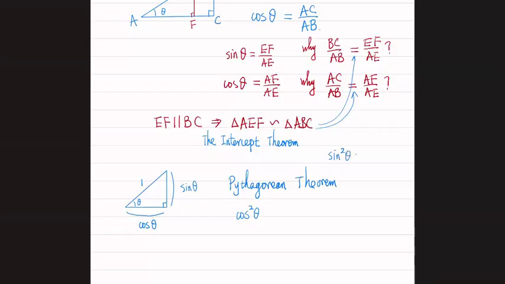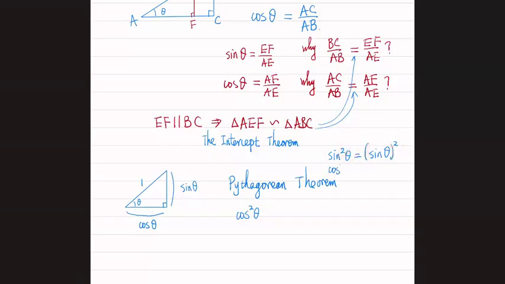Sine square is defined as sine theta then square. The main reason that we introduce this is we don't want to write the parentheses every time. Whenever you see sine square, you should interpret it as sine theta then square.